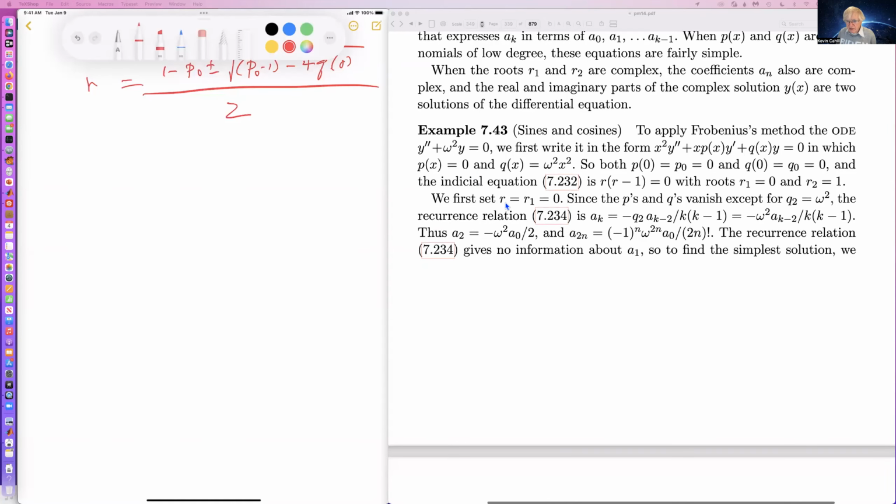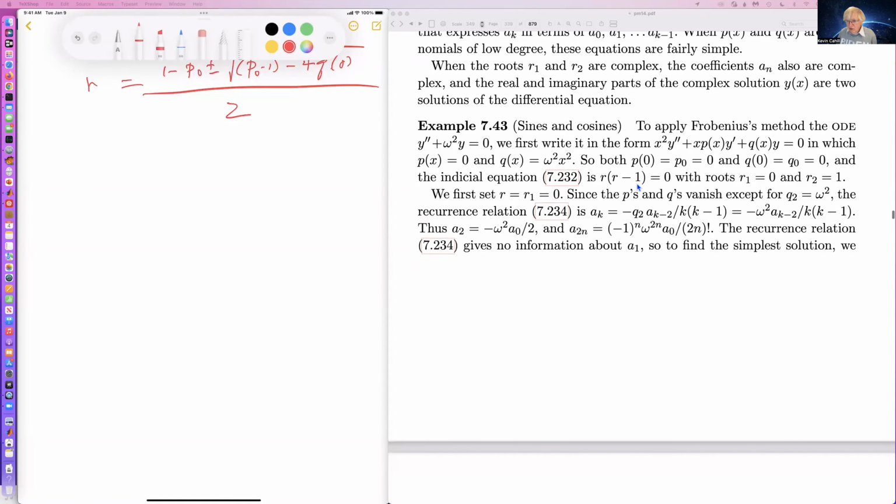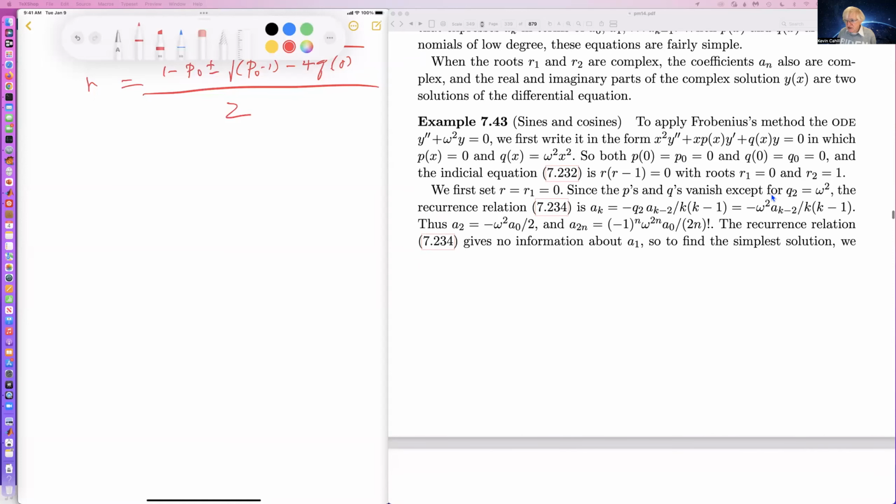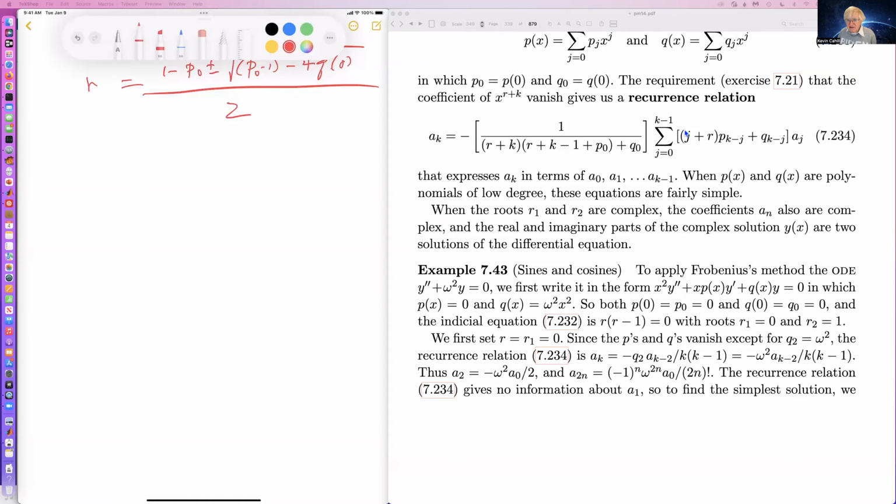If we set r equal to 0, the p's and q's vanish, except for q2, which is omega squared. And so then we go back to this equation, and we have that a_k is a_(k minus 2) times minus q, and p0 and q0 both vanish.